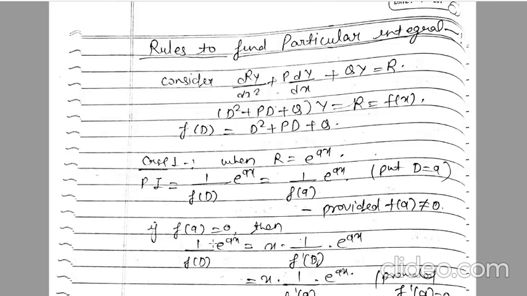If f(a) is equal to 0, then 1 upon f(D) e to the power ax, you will write as x into 1 upon f dash(D) e to the power ax. Then again you will put D is equal to a here. So if your case fails, multiply by x and differentiate with respect to D.